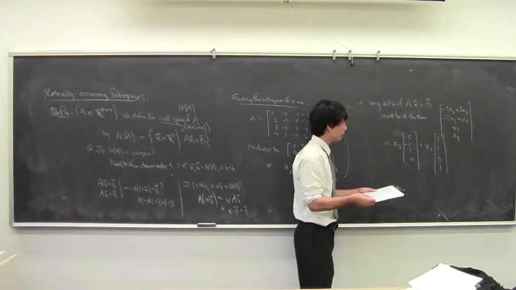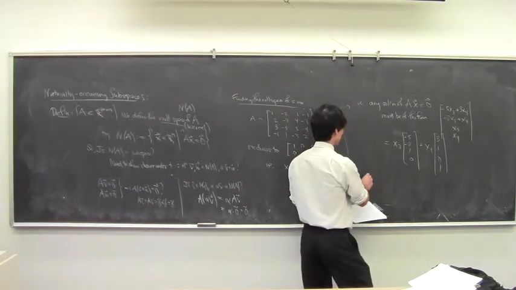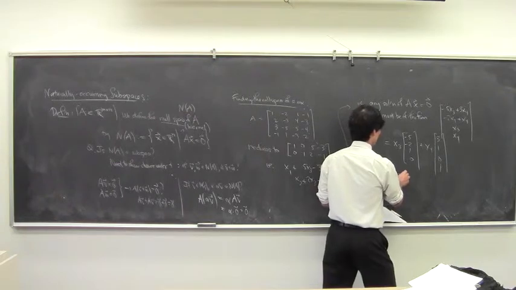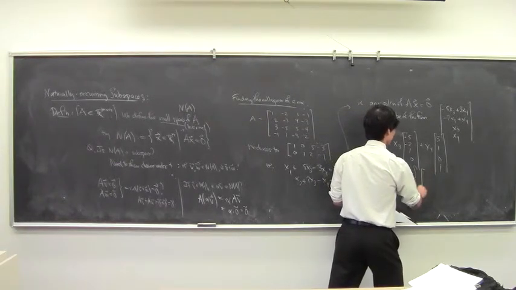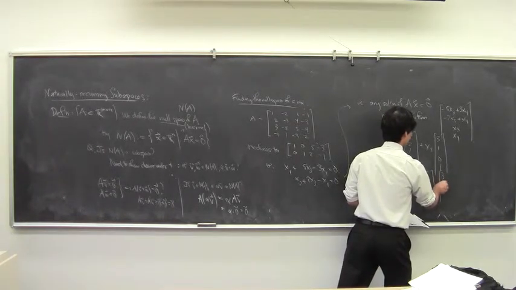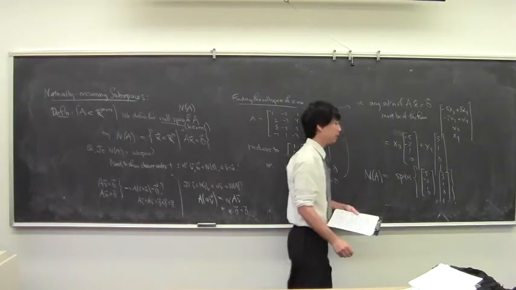And so this allows us to describe the null space. The null space of A we can write as the span of these two vectors, (-5, -2, 1, 0) and (3, 1, 0, 1).